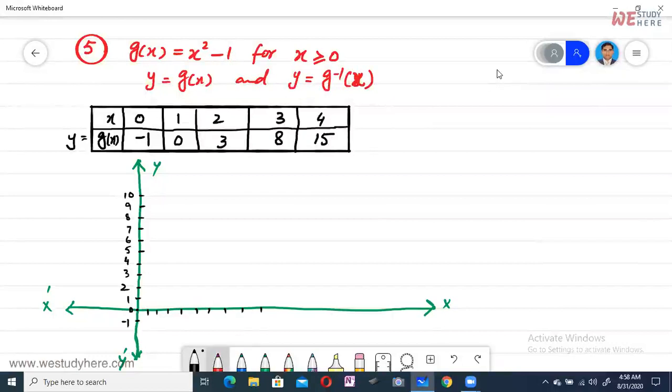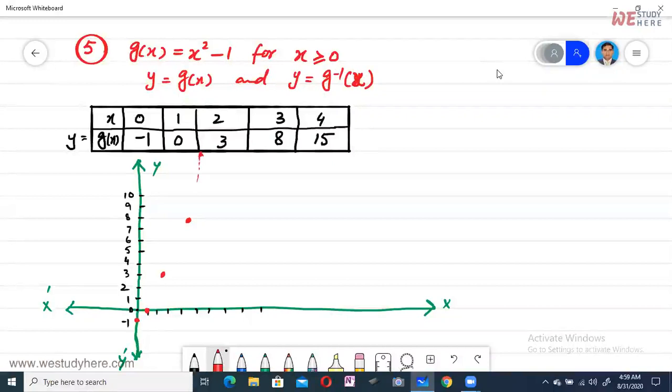Now, the first point here is 0, minus 1, x is 0, y is minus 1, this point. Then 1, 0 is this point. Then 2, 3, then 3, 8, then 4, 15. 15 will be somewhere like this.